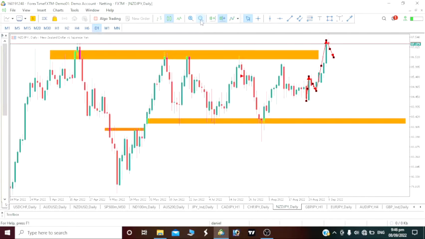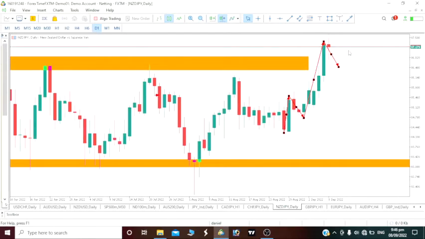That correction will very much likely happen the next day on the New Zealand dollar, coupled with the fact that this price has just hit our highs, our previous liquidity highs, which is a key level. Once it has gotten to that level, we are expecting a little bit of a drop, or at least a good amount of a drop. So basically, New Zealand dollar JPY is going to go bearish.